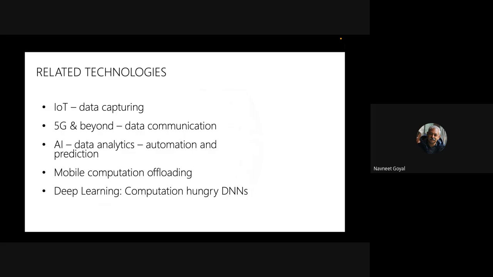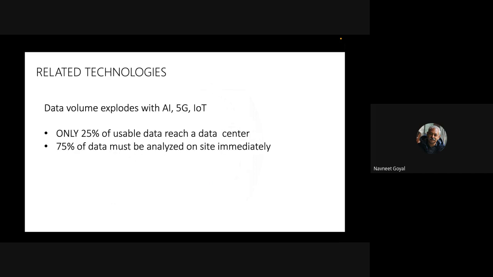So related technologies, as I said, are IoT, 5G and beyond. We now know that 6G communications are also being talked about, and of course AI/ML, so this I can skip.